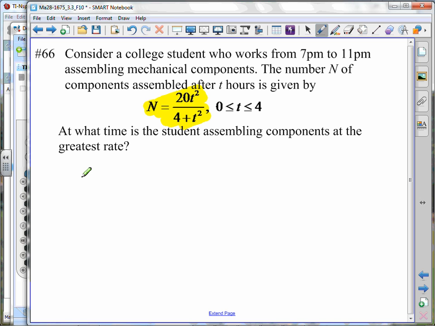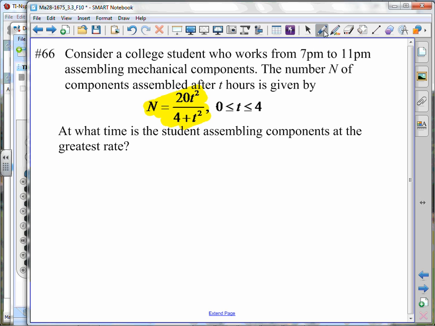So are we just looking at the first derivative? We're actually looking at the second derivative. We want to know where's the maximum on the rate function. How fast are they assembling these? But we don't want to know that. We want to know what's the greatest rate. So we need to actually look at the second derivative.